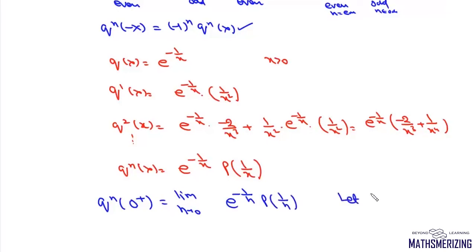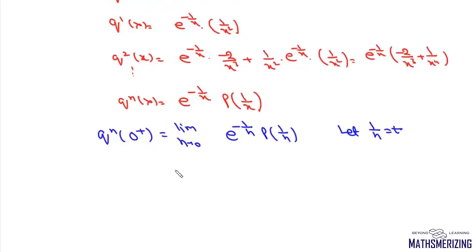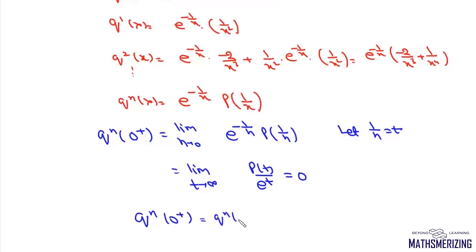If we let 1 upon h as t, we can write this as limit t tends to infinity p(t) upon e to the power t, and this we have already established in part A is equal to 0. So from here we can say this q^(n)(0) positive will be equal to q^(n)(0) negative and will be equal to 0. That is, this q^(n)(0) will exist and it is equal to 0.